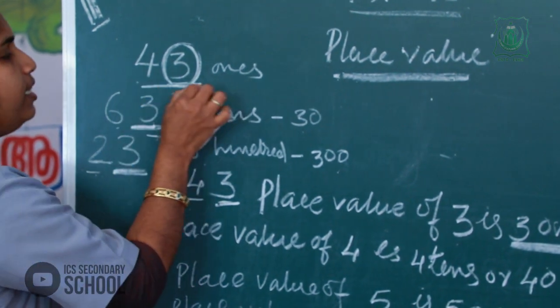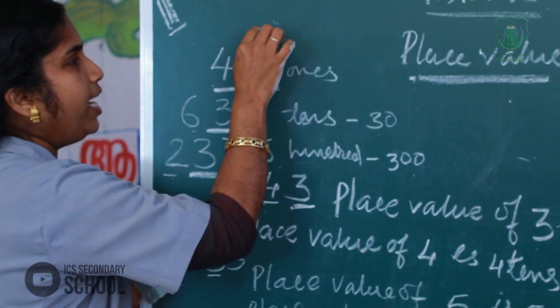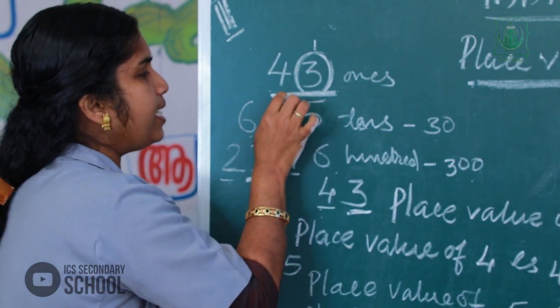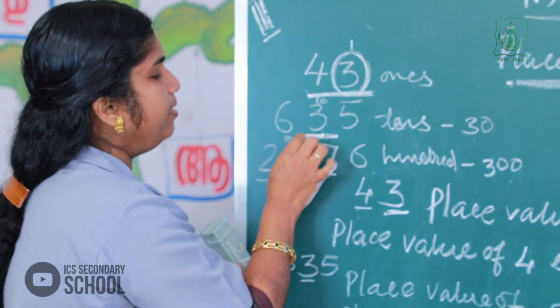Here the position is ones, here the position is tens, here the position is hundreds. Here in 43, the position is 1, here the position is 10, here the position is 100.